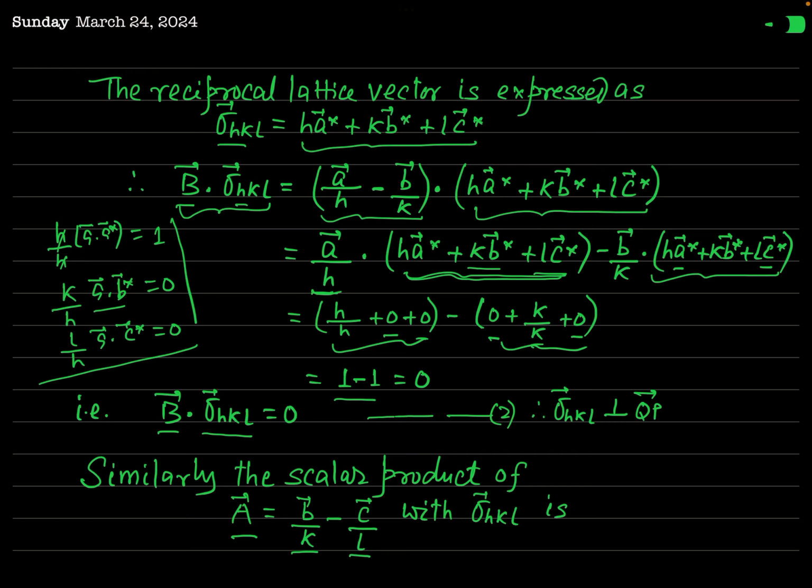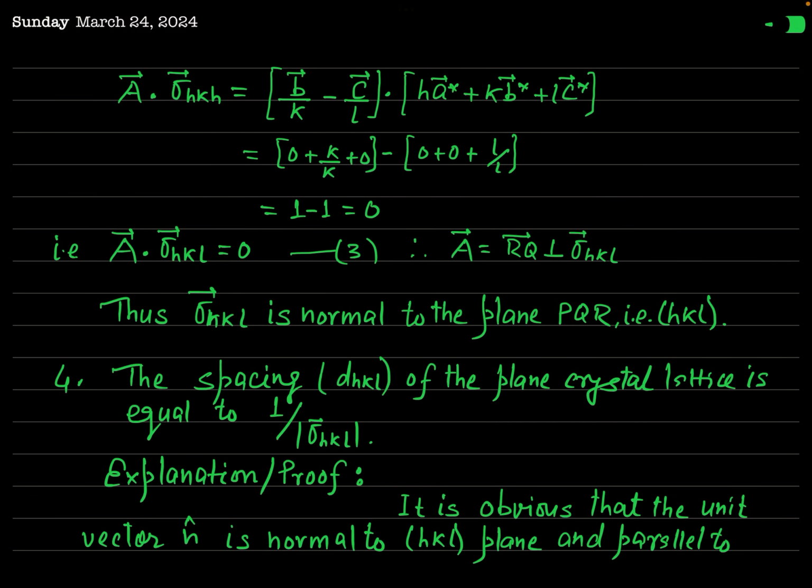Okay, and it's a scalar product with this sigma HKL. You have obtained that A is equal to B over K minus C over L, and sigma HKL is HA* + KB* + LC*. Now again take the scalar product.